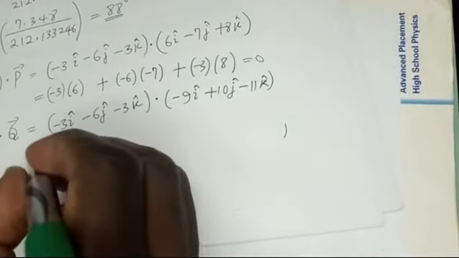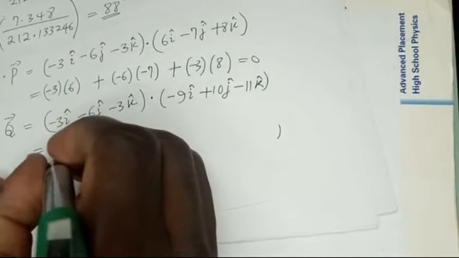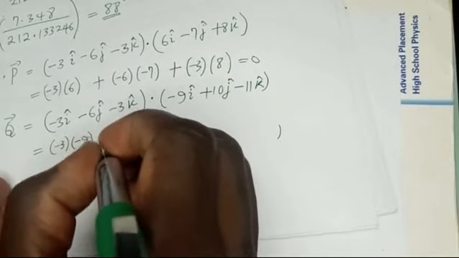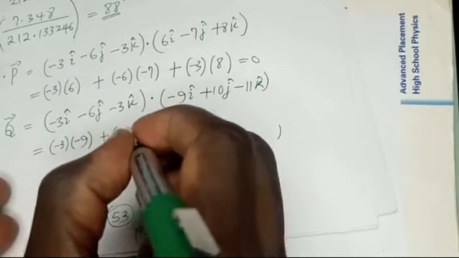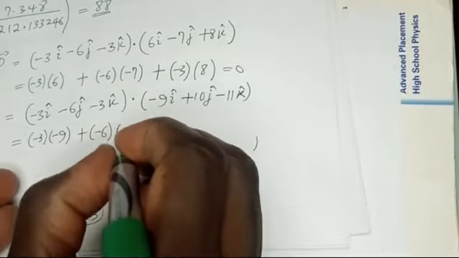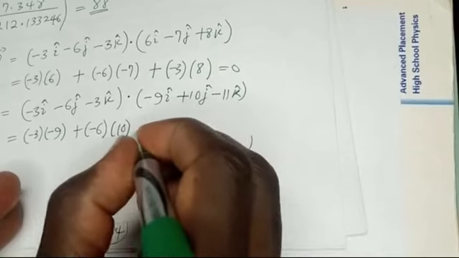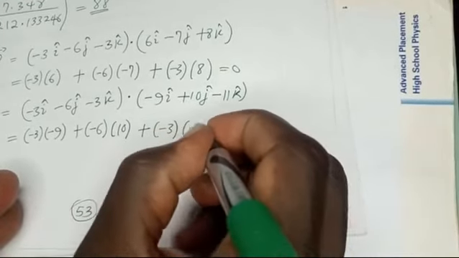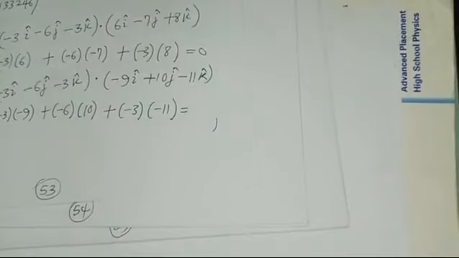Now this is equal to minus 3 multiplied by minus 9, plus minus 6 multiplied by 10, plus minus 3 multiplied by minus 11. Let's see if this one will give us 0.